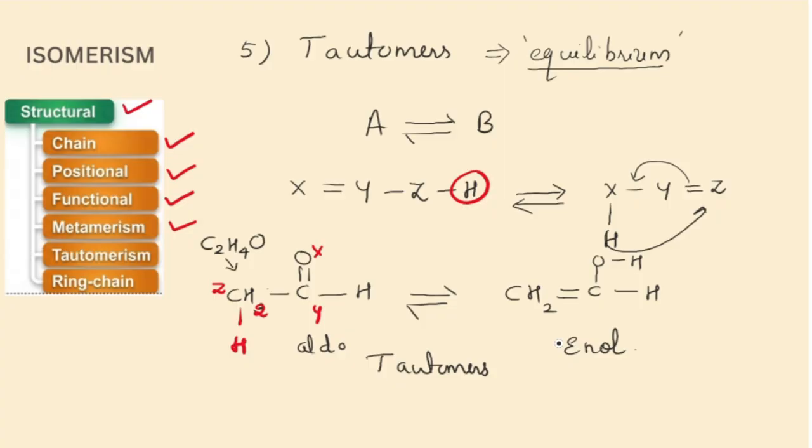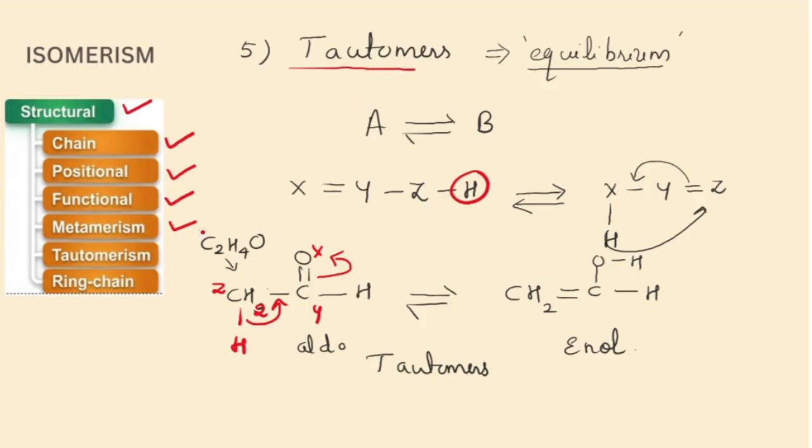So aldo-enol tautomerization. Like this, even molecules like ketones do exhibit tautomerism. So what is the driving force here? Oxygen is an electronegative element. So because of this, it wants to take away the loosely held pi electrons, right? So because of this, the shift of hydrogen is taking place. And the phenomenon is tautomerism and the molecules are called tautomers.